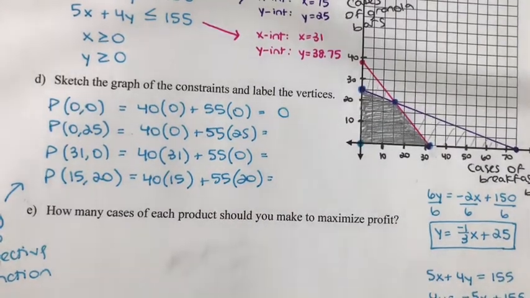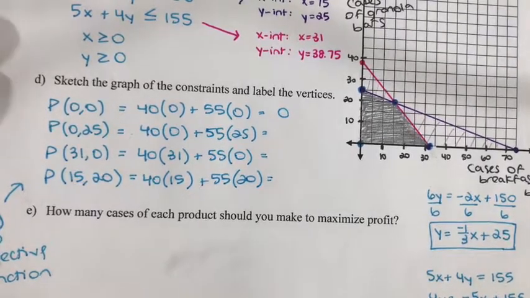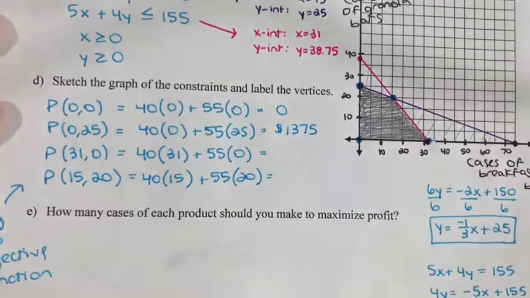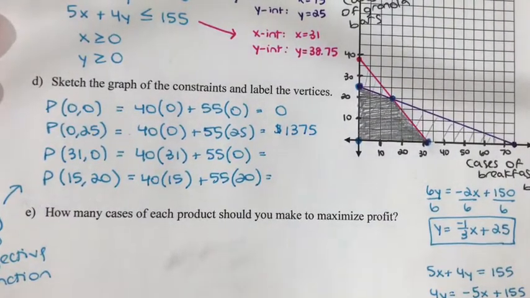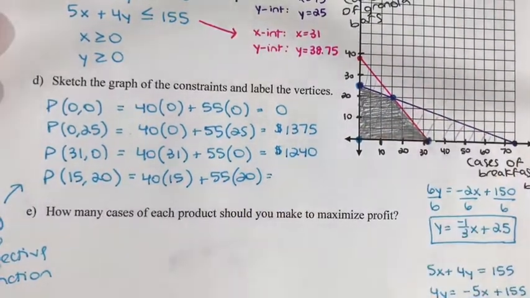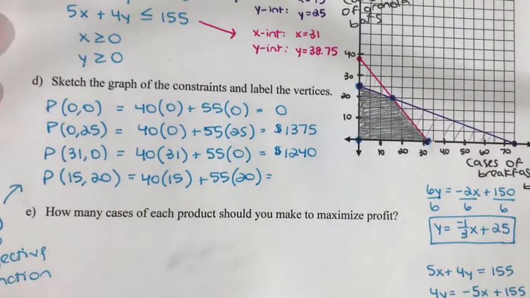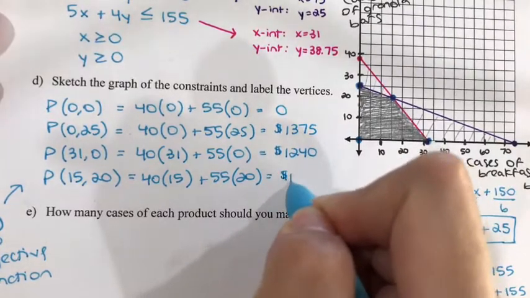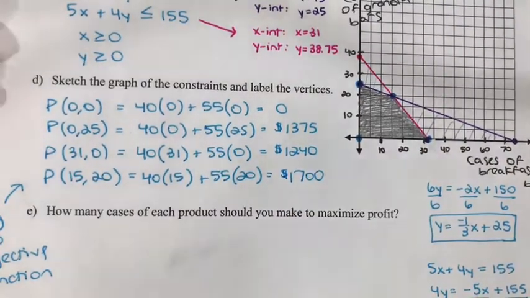We've got 55 times 25, profit of $13.75. A profit of $12.40. And finally, a whopping $1,700.